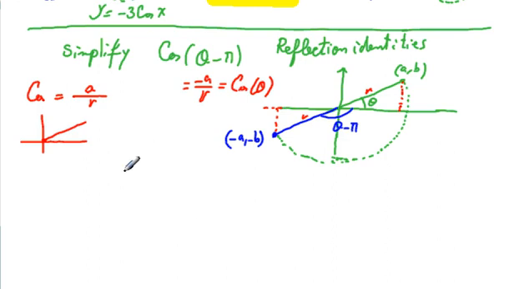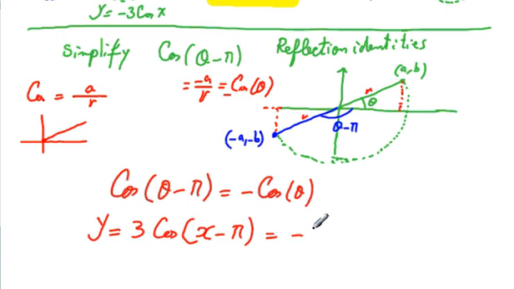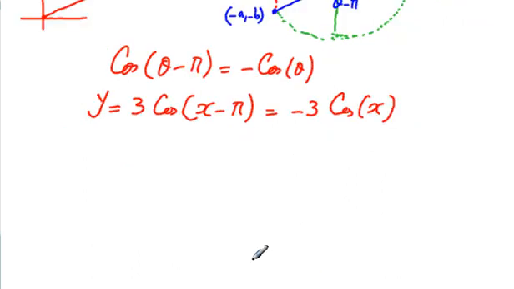What does that mean? Well, we practice this identity from that section again. Cosine of theta minus pi is minus cosine of theta. So if your question was graph 3 cosine of x minus pi, if you had remembered that identity, let me make my life easy, this is simply minus 3 cosine of x. So what do I do?